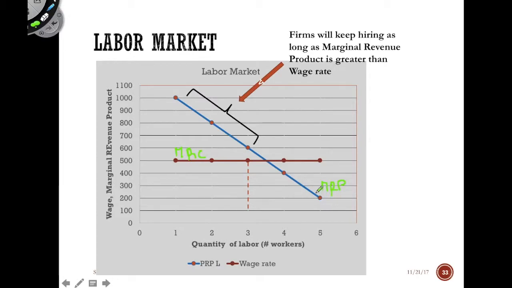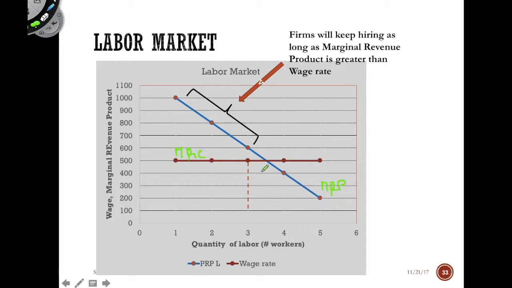And you can see that as long as the marginal revenue product here is above the marginal resource cost, then these workers will be added. So 1, 2, and 3 will be hired because they add to the total revenue. They generate additional profit for the business.